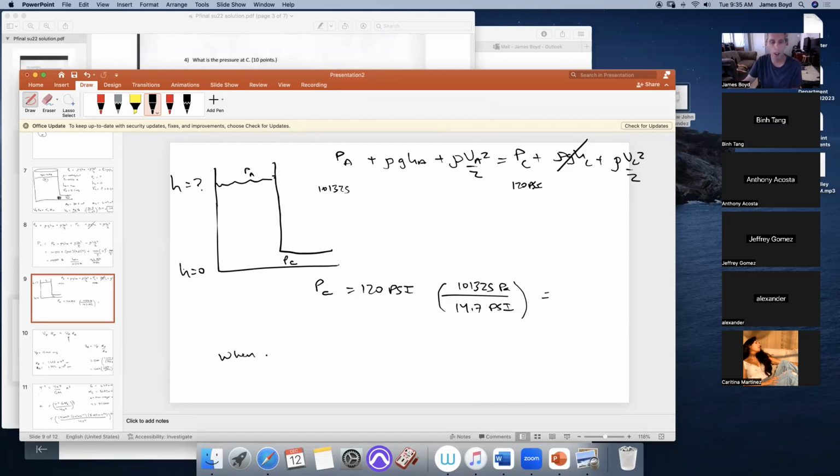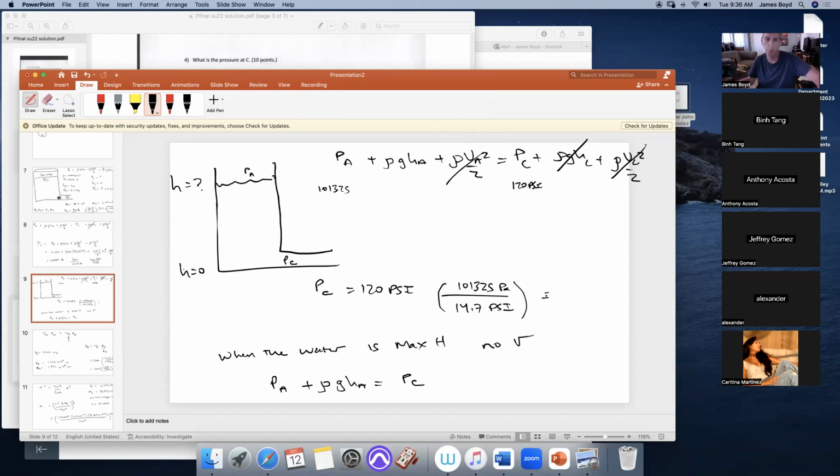When the water is at max height, no velocity. So there's no velocity, no water's coming in, no water's going up or down at A, no water's coming in or leaving at C, which means that this and this go away. What I get is PA plus rho g hA is equal to PC.